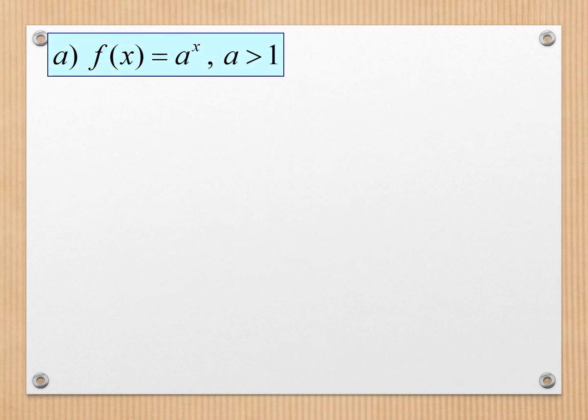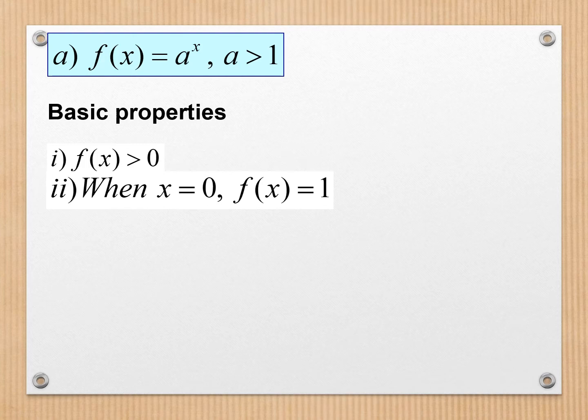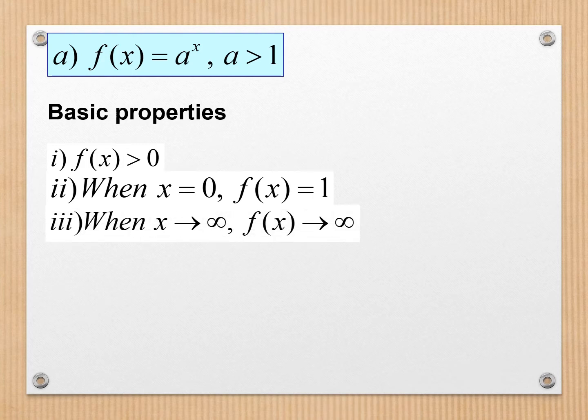For the first one, f(x) equals a to the power of x for a more than 1. Basic properties are: the first one, f(x) is more than 0. The second one, when x equals 0, f(x) equals 1, so this is actually the y-intercept. The third one, when x approaches positive infinity, f(x) approaches positive infinity.